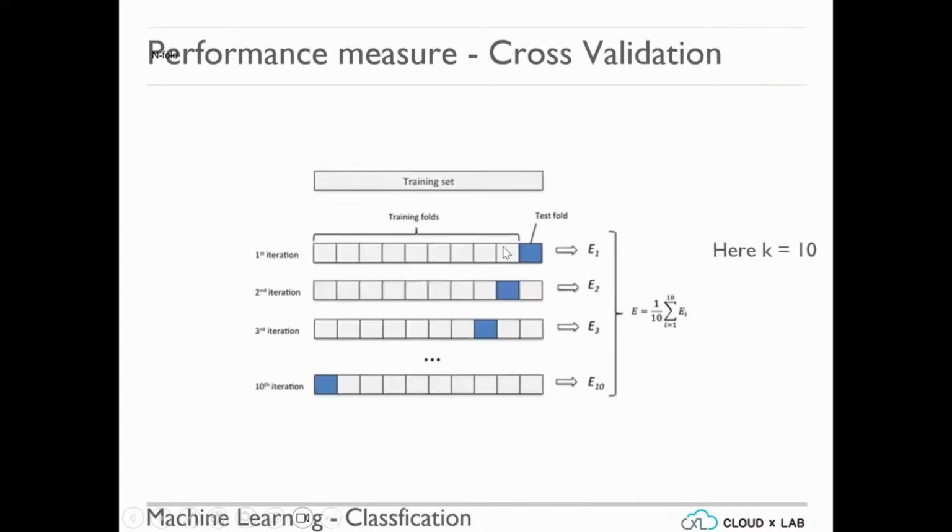So here you will train your model using this training data, and you will test your model performance using validation data. Let's say the error of the model when you use this portion as a validation set is this. Likewise, you will get 10 errors, because you are training the model 10 times, right?